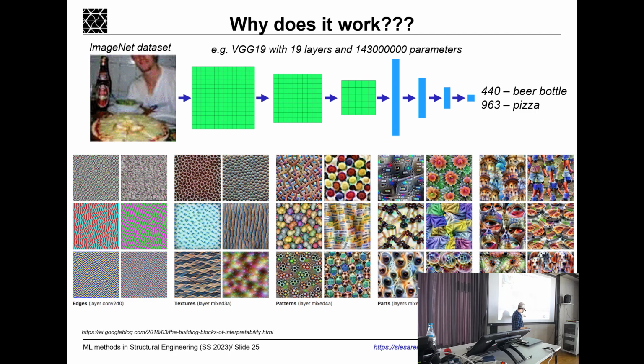Then you have the patterns, and the farther you move, the more complex things your model can recognize. It looks at the parts, and finally already objects. You see some eyes, you see some dog face here, for instance, some human legs, whatever that is, some buildings. So therefore, these layers at the beginning are very good at training the filters that will recognize simple things.